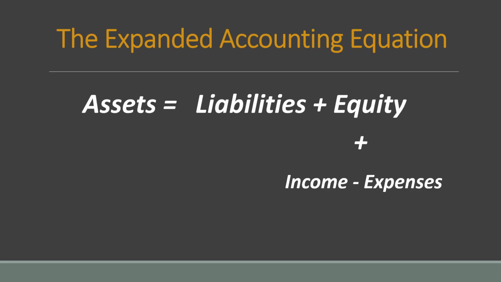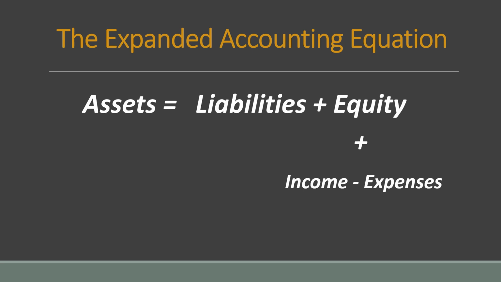So now, pag-usapan natin why we have these equations and why we use it in the accounting process. So looking back to the formula, A is equals L plus E, or asset is equals liabilities plus equity. And the expanded accounting equation is asset is equals liabilities plus equity plus income minus expenses.